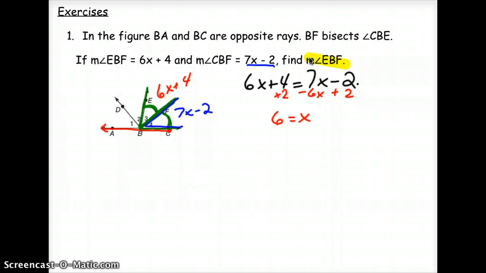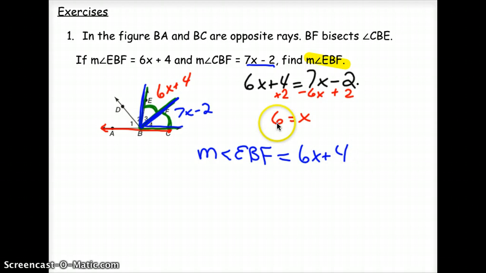And this is one thing a lot of you students have to work on, is you have to work on showing your work. I'm looking for the measure of angle EBF. I'm not just going to write a whole bunch of numbers down. I need to say the measure of angle EBF. EBF is right here. And that is 6x plus 4.